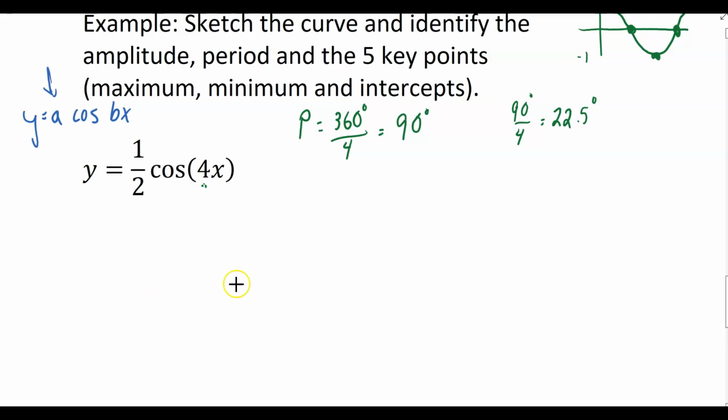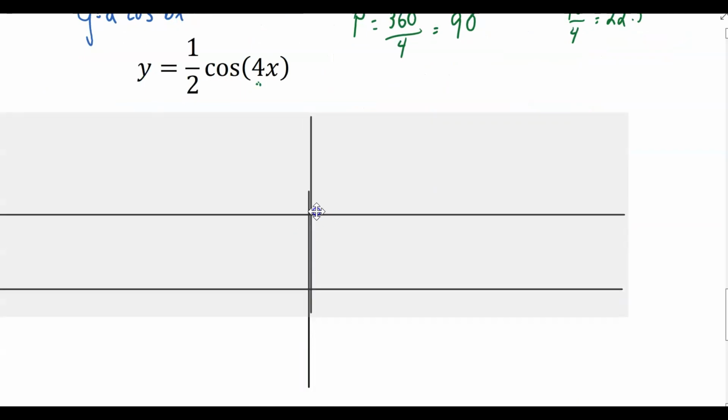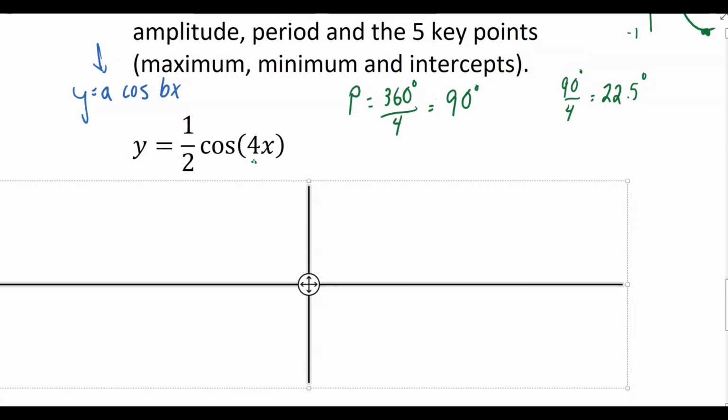Okay, let's go ahead and see if we can do this now. We'll draw ourselves a place to graph. Okay, let's label y, x. Good.